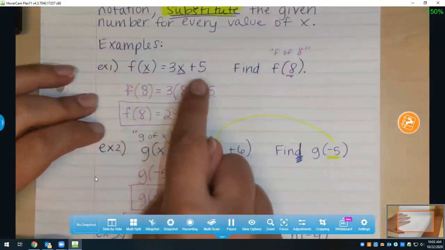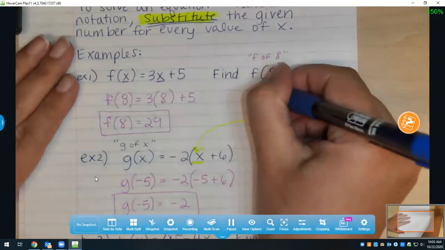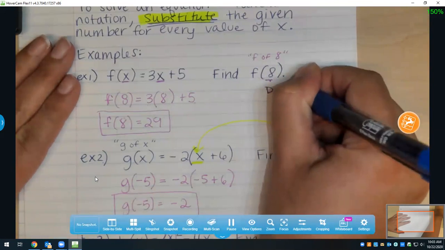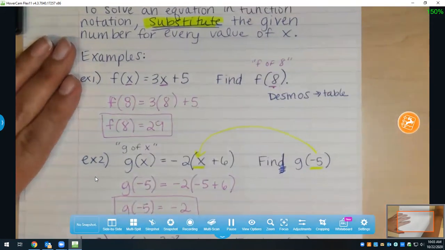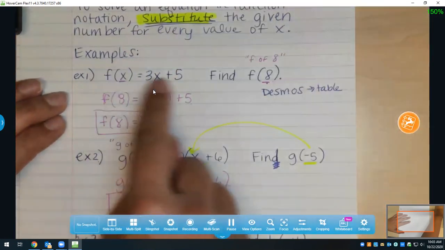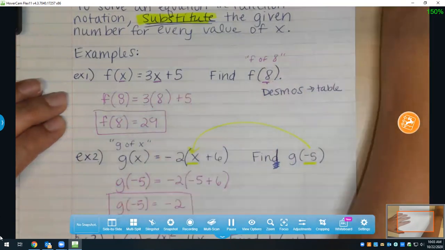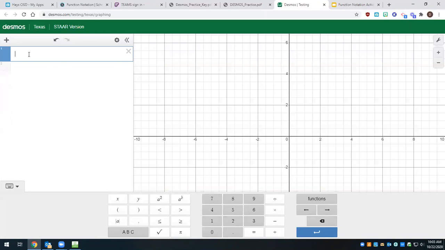So if we were going to do this in DESMOS, we could use a DESMOS table. I want to show you how to do this, so try to follow along. We're going to put this equation in DESMOS. Back out of all of this.